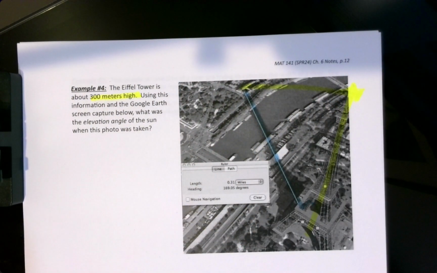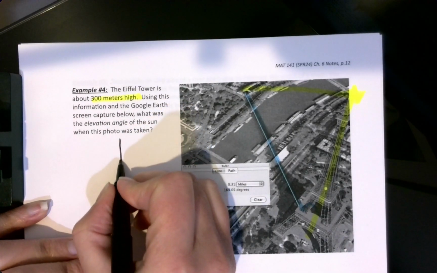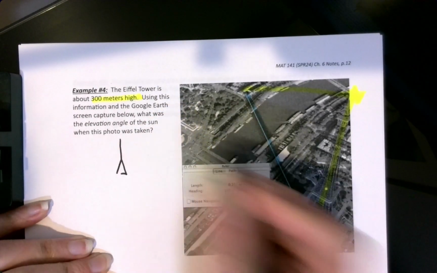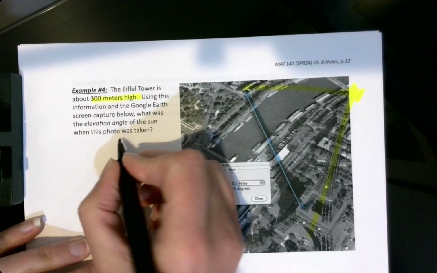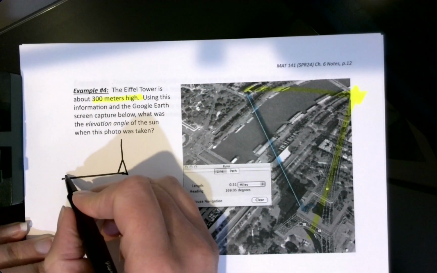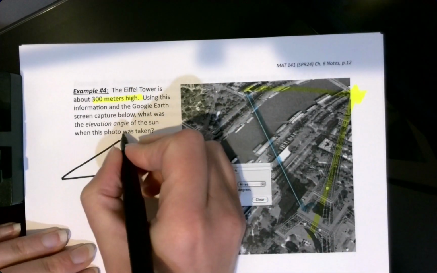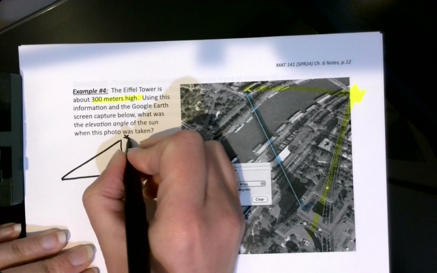So I'm going to redraw this picture more flat since it's kind of angled, peeking down at it. So we've got our Eiffel Tower. This is the ugliest Eiffel Tower I've ever drawn here. But we've got our Eiffel Tower, we've got its shadow, and we've got the angle formed by the sun.